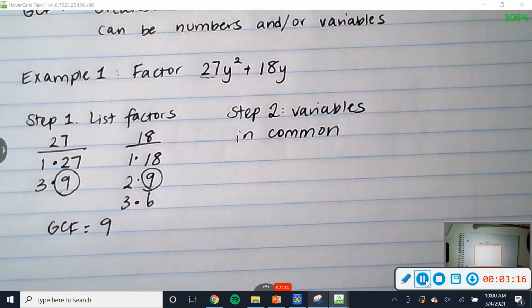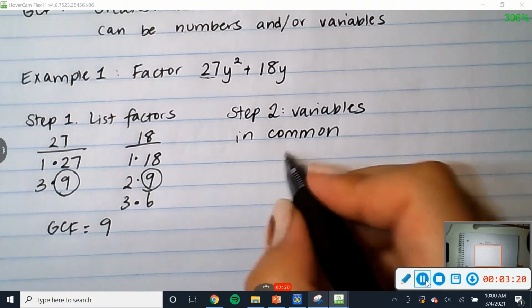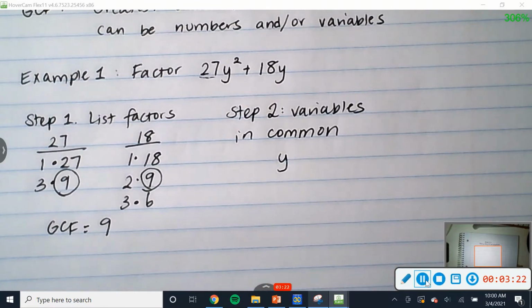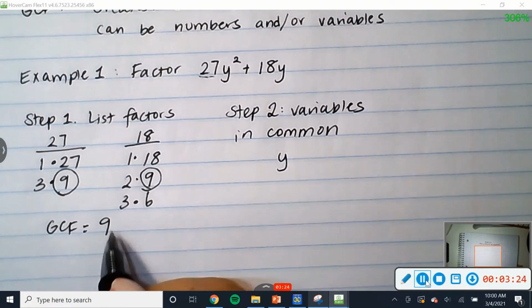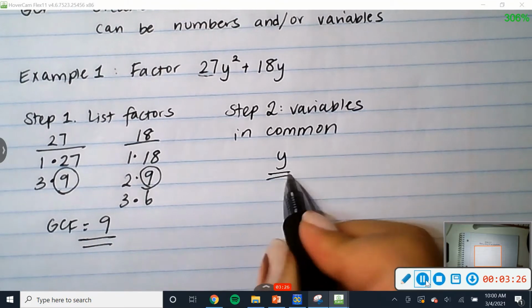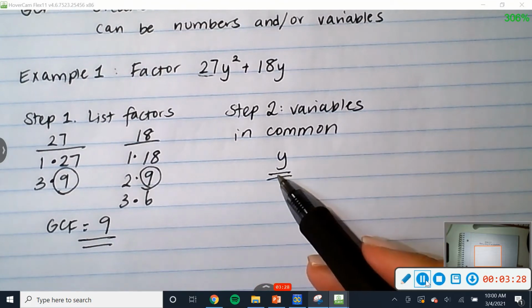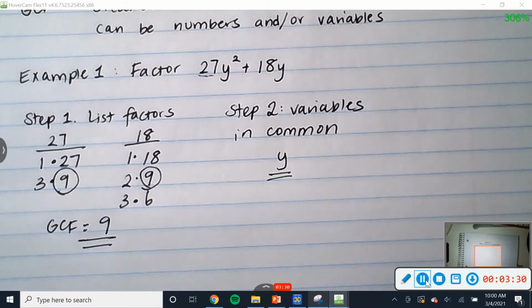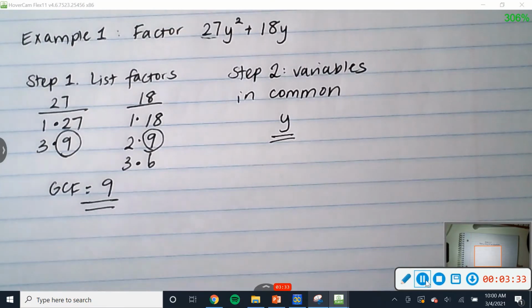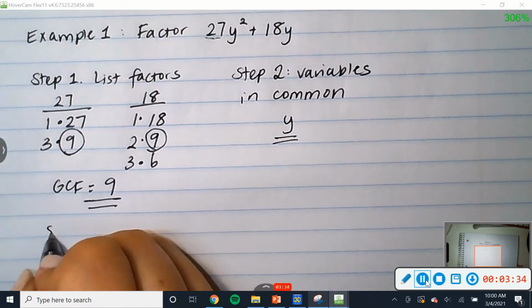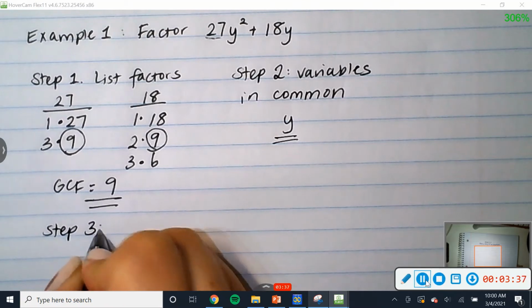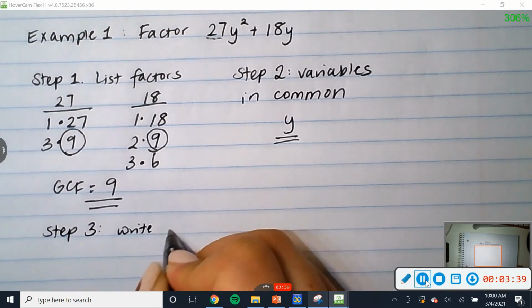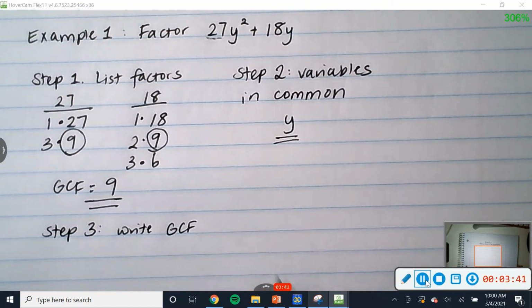So they both share this variable in common, y. So both the GCF 9 and the variable y are going to be in our factors. So write out your GCF on the outside, so 9y.